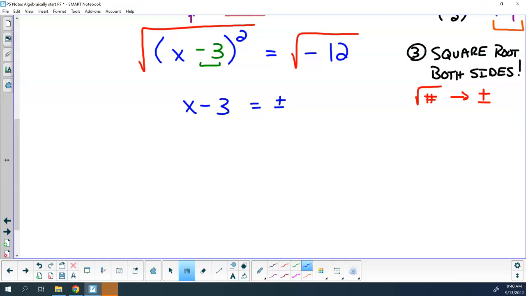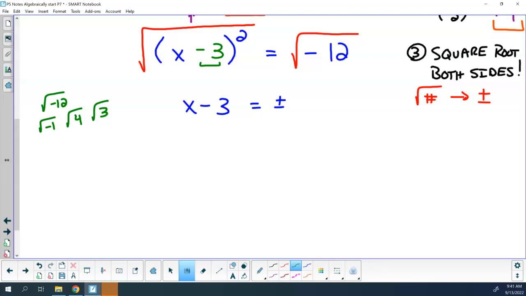Now, over here, let's do a little sidebar action. The square root of negative 12 is going to be the square root of negative 1 times the square root of 4 times the square root of 3. Do you agree with that?